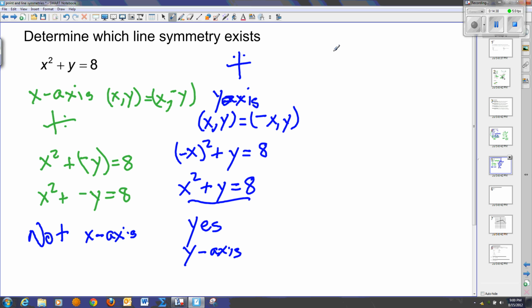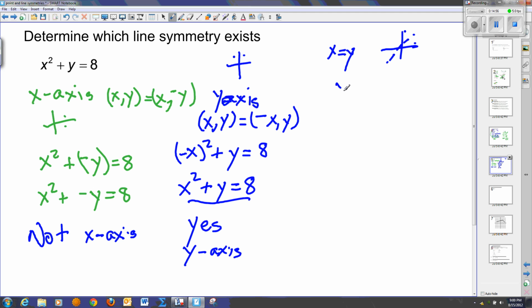If I go y equals x, again, sketch of the line. There's my line of symmetry. Put a point here. Flips over that line to a point here.